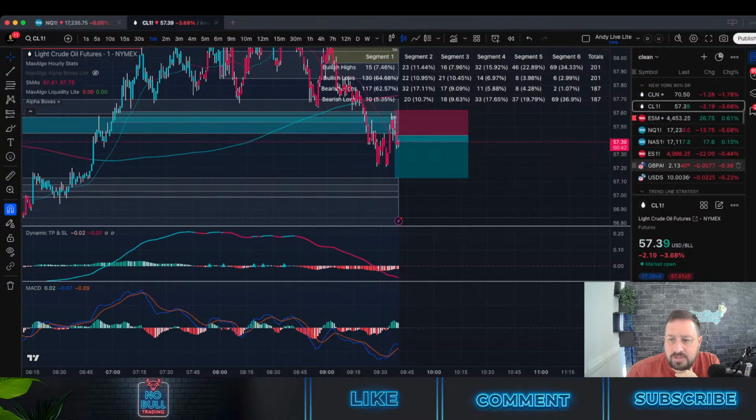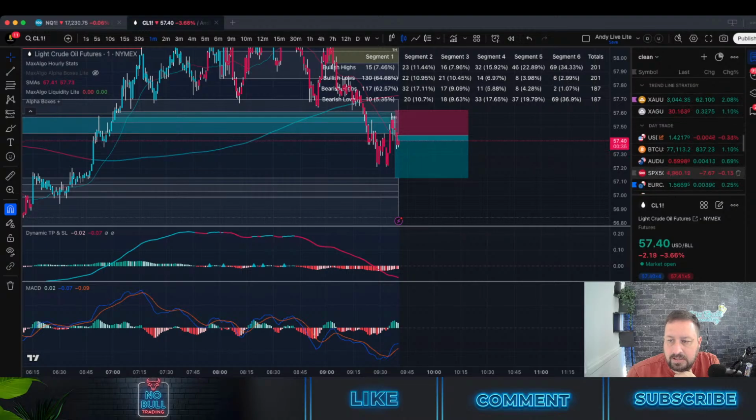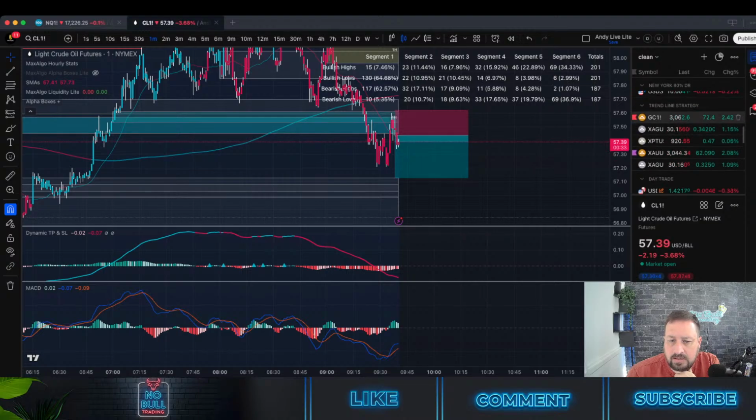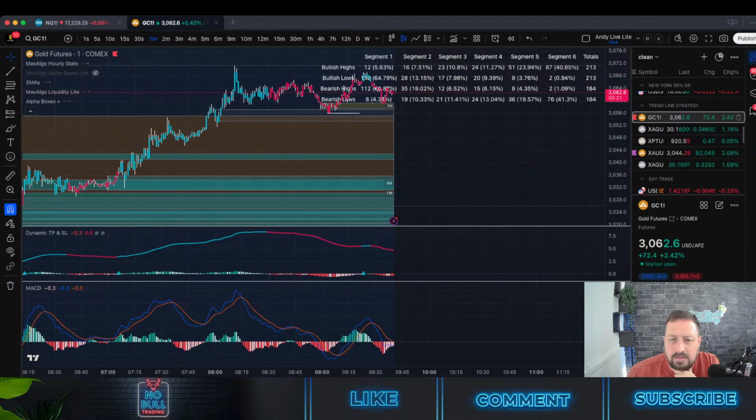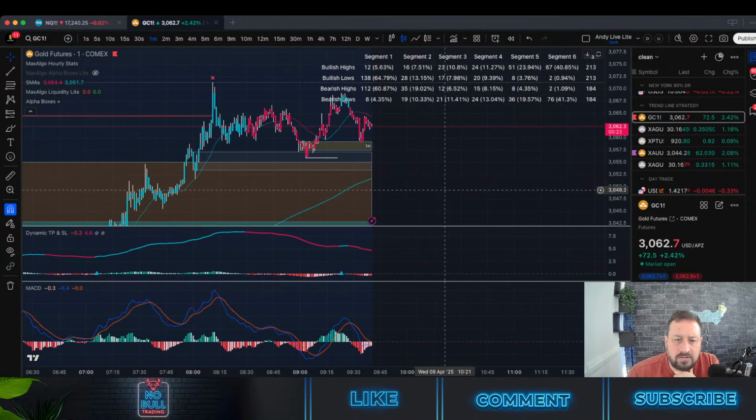See what gold's up to. So gold's back to our hour, came back to our hourly box. Struggled to make a new high.